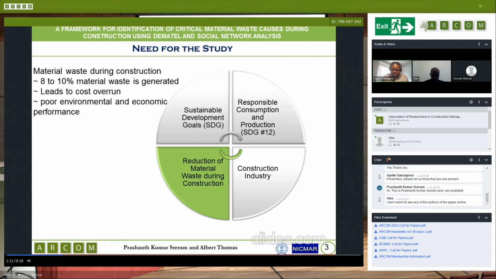It is required because around 8 to 10% of the purchased materials results in waste after the construction process, and also has cost implications on the project, affecting project performance, as around 40 to 60% of the project cost has material component. Therefore, reducing waste improves environmental and economic performance towards sustainable construction.